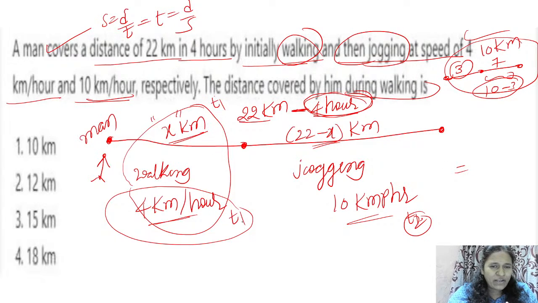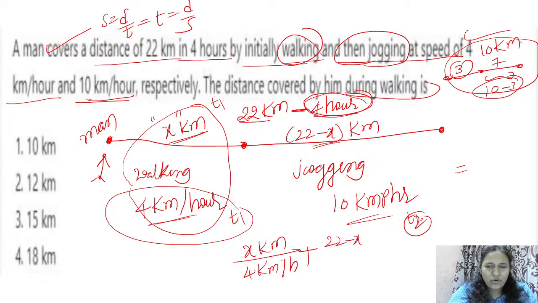The time t1 is the time for walking, the distance x kilometer by the speed 4 kilometer per hour, plus the time for jogging, that is distance 22 minus x kilometer divided by the speed 10 kilometer per hour.